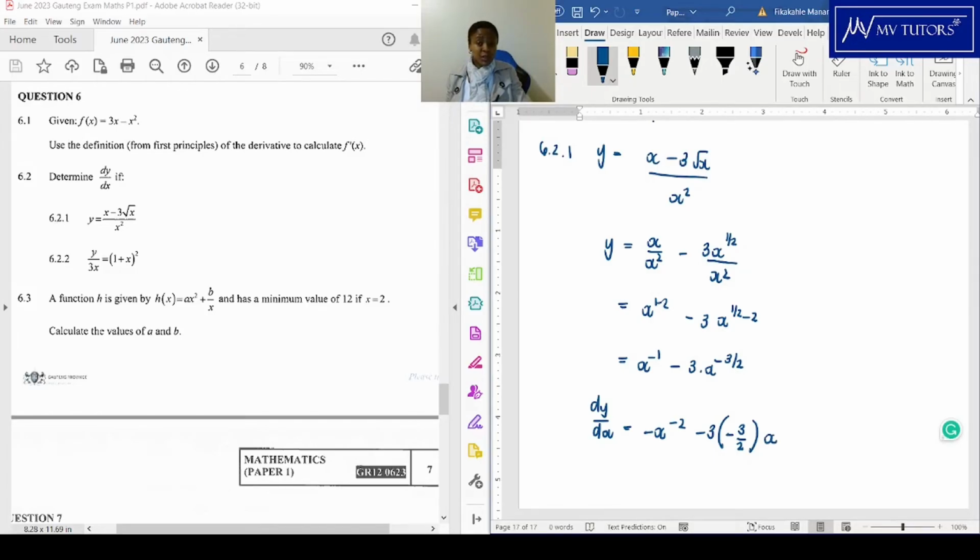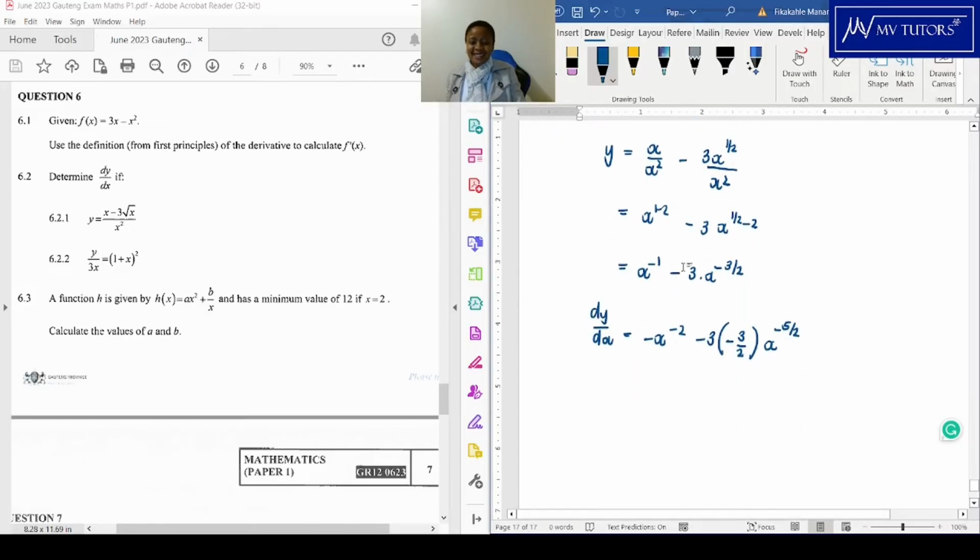And then what do we do with the exponent? We subtract 1. So negative 1.5 minus 1 is negative 2.5, or simply negative 5 over 2. It's up to you. And then we can simplify it further by saying we have negative 1 over x squared.